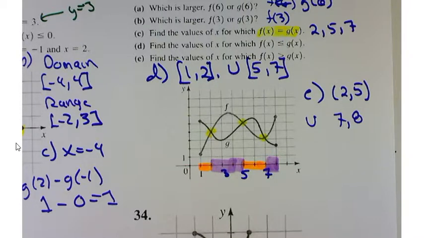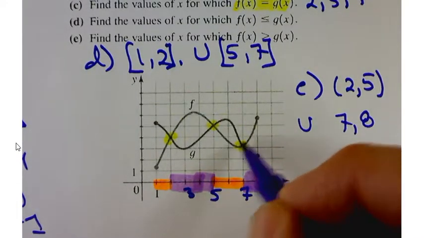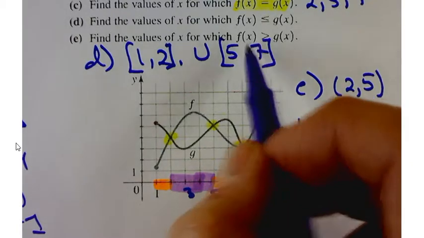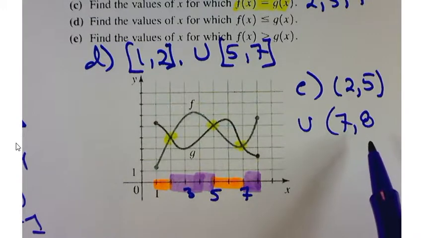Yeah, for the 7 and the 8. Well, we'll do a parenthesis on the 7 because here they're equal, and that's not going to make this true. So parenthesis here. But what happens at the 8?